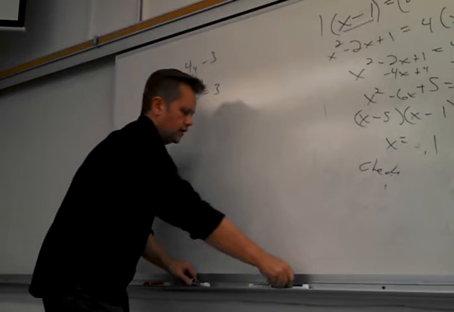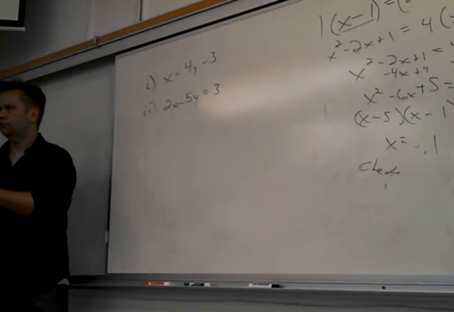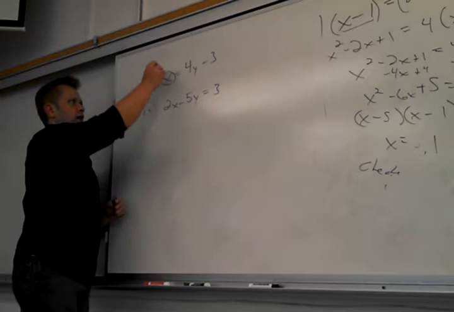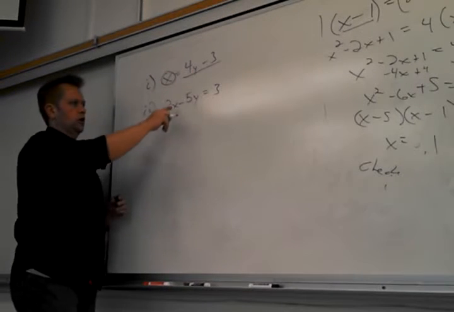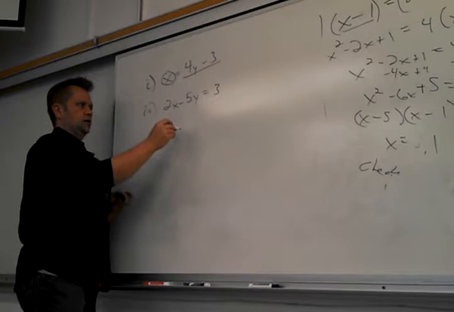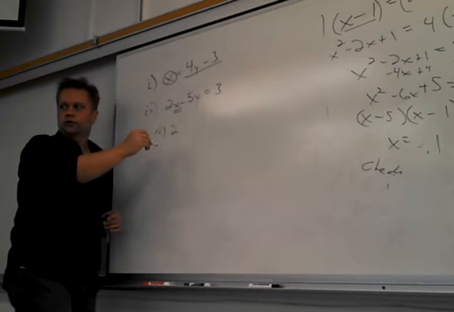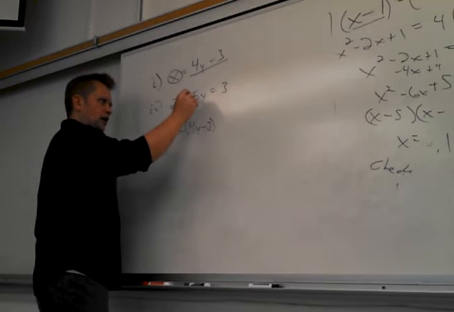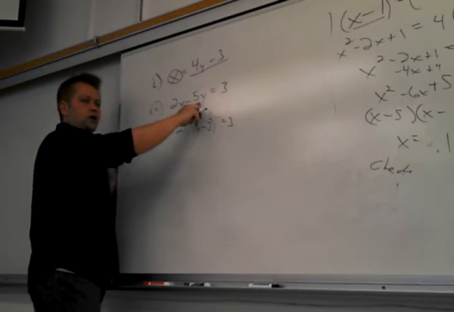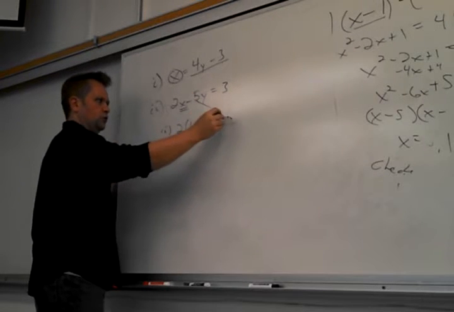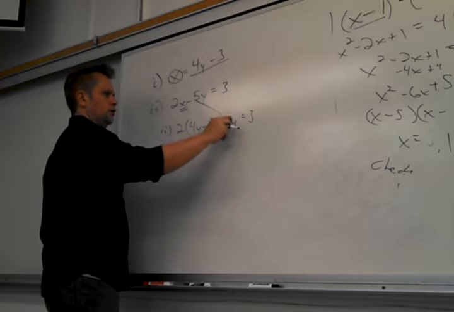Why is the way this is set up just screaming to be substitution? Yeah, we know what x is. So when I go to rewrite the second equation, I can write it as twice x. But what's x? 4y minus 3. Now, a lot of times people forget the minus 5y, and I think it's just because you wrote so much here that you're kind of lined up. Don't forget the poor little minus 5y, dude. Right?